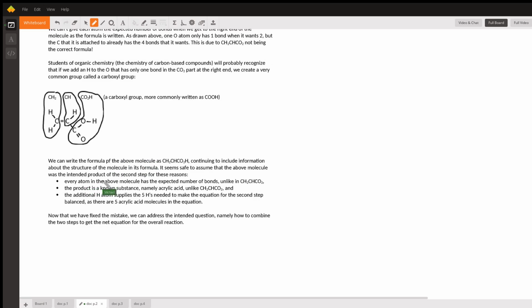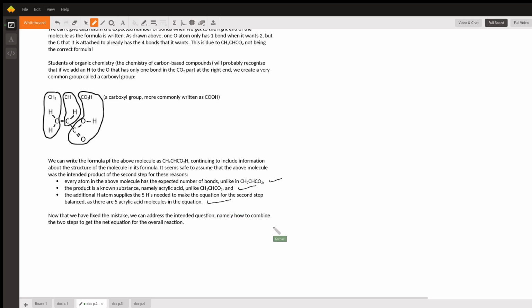One is every atom in this molecule has the right number of bonds, unlike in what we had before. Second, this is the formula of a known substance, namely acrylic acid, whereas this didn't correspond to any known substance. And third, 1 additional hydrogen atom per molecule, and there's 5 of them, gives the 5 H's we need to make the second step a balanced equation.